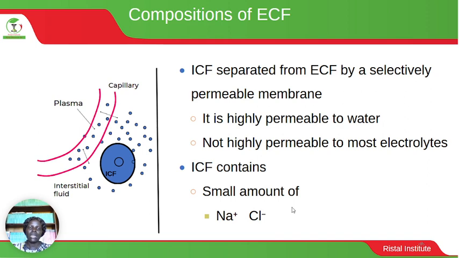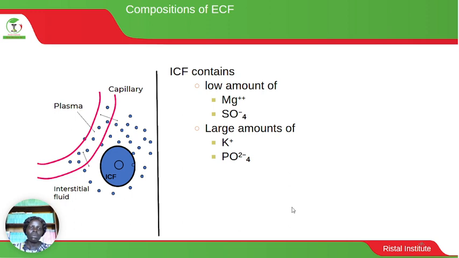It is highly permeable to water, not highly permeable to most electrolytes. Intracellular fluid contains small amounts of sodium and chloride, low amounts of magnesium and sulfates, and large amounts of potassium and phosphorus.